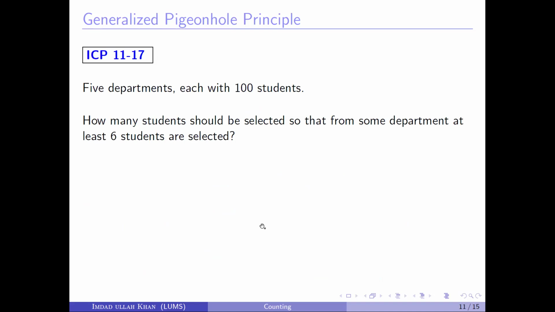Five departments, each with 100 students. The task is to find how many students should be selected so that from some department, at least 6 students are selected.